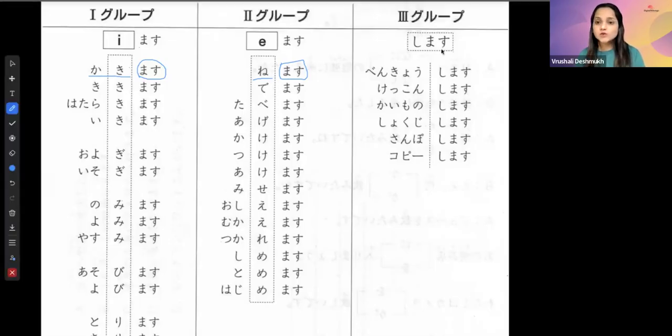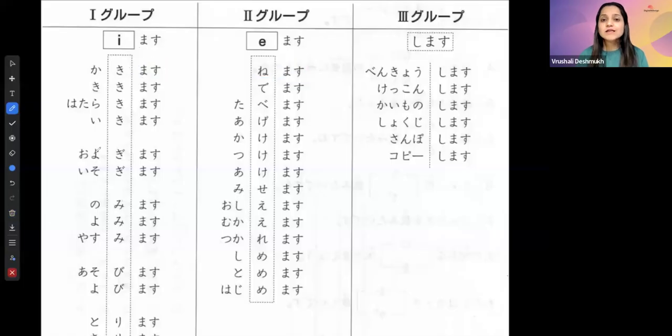And as you know, in group 3, there are only two verbs, shimasu and kimasu, that is suru and kuru. Okay. Shimasu is to do and kimasu is to come.